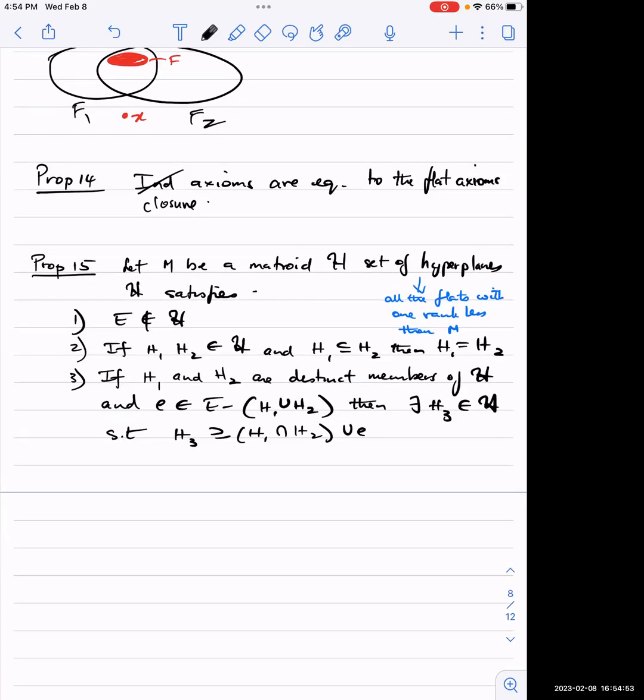It's a little intense, and there's a lemma that's required that we're not going to be doing. So yeah, that's it.